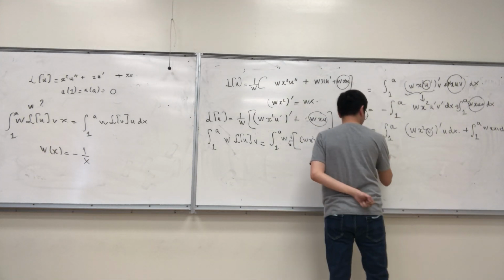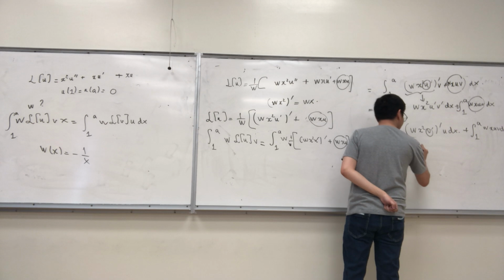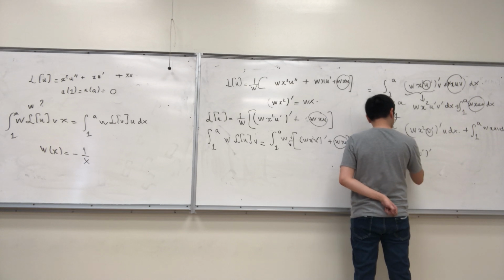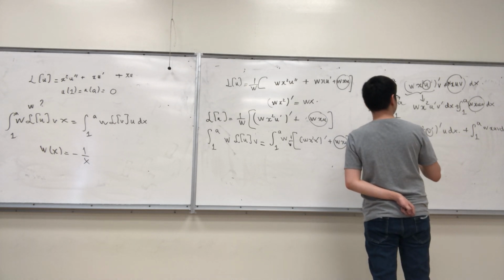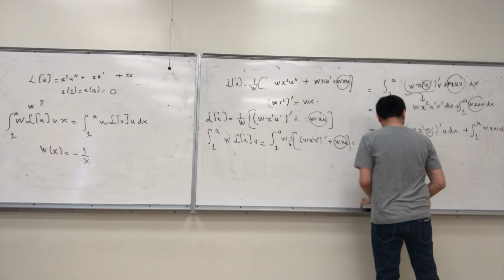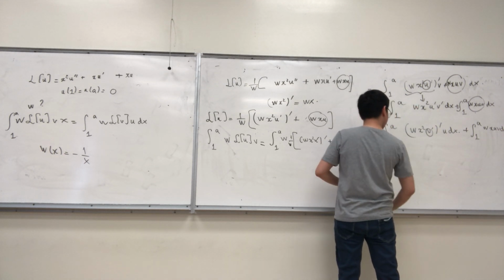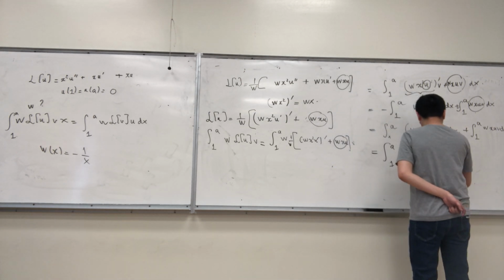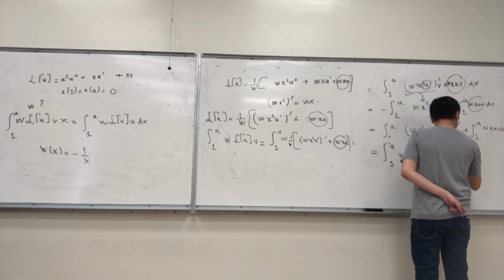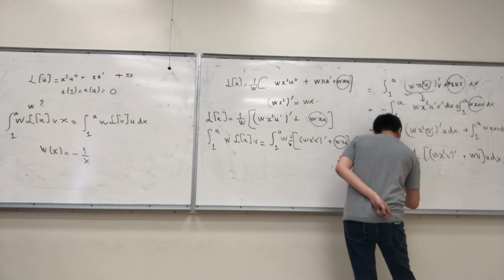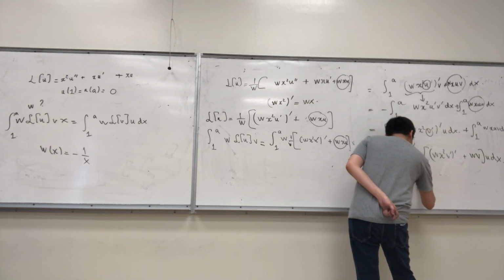So this is nothing but the integral from 1 to a of w times the operator 1 over w (w x squared v')' u plus w x v u dx, and this is the integral of w Lv u.